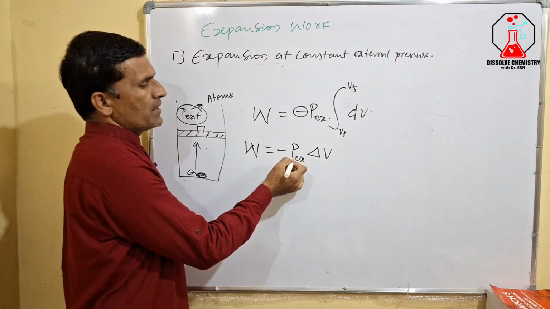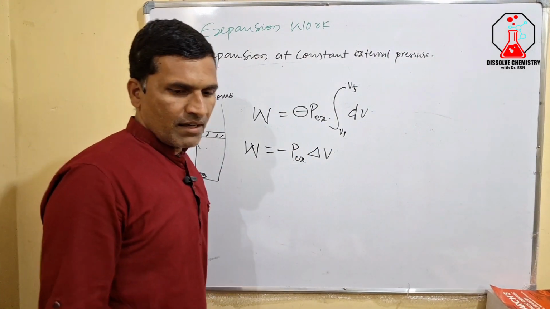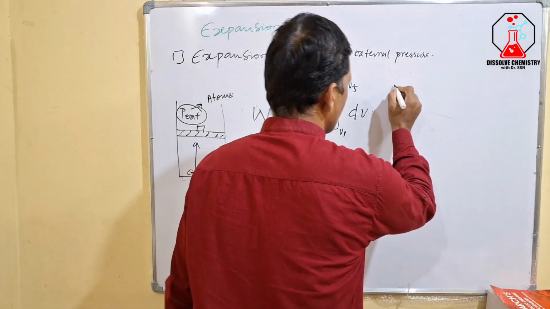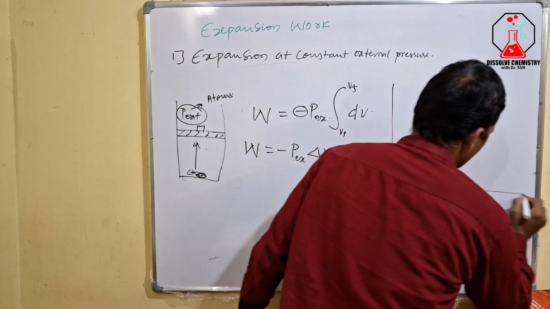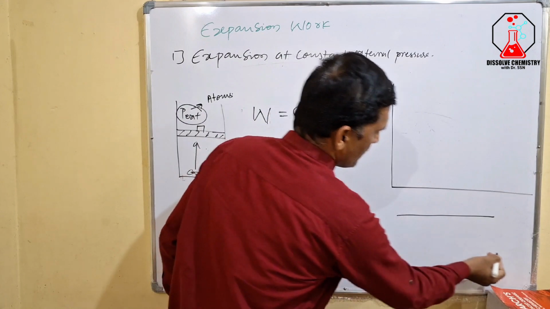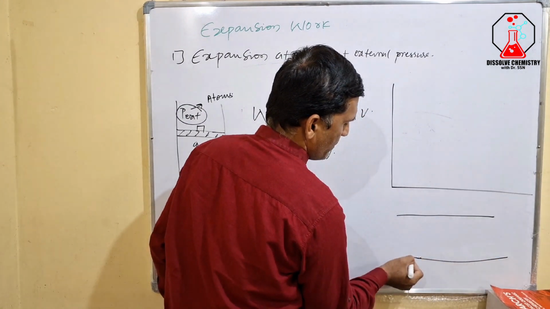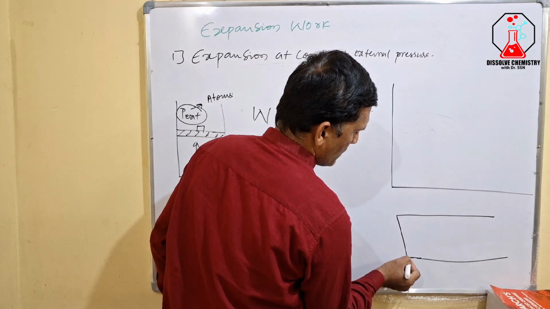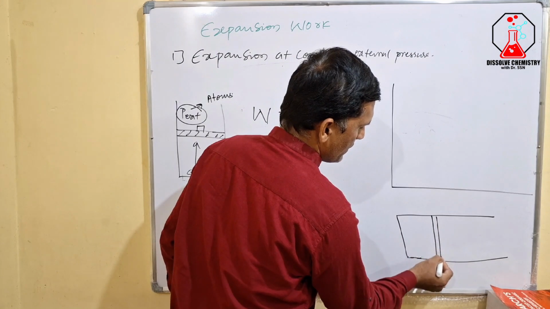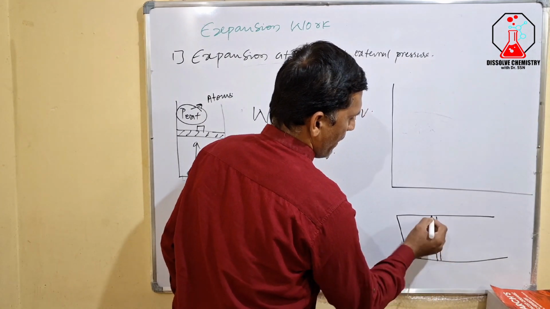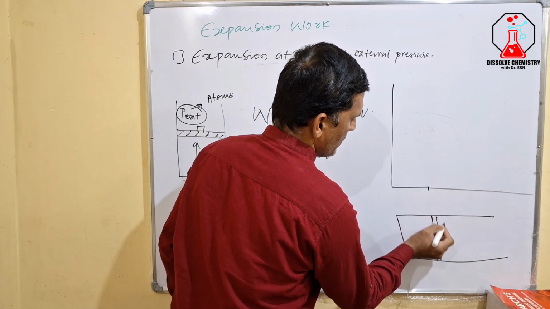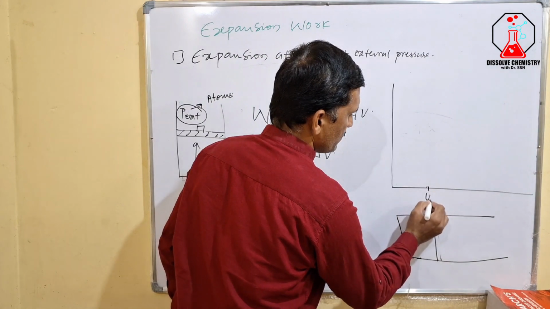So your pressure is constant, and graphically we can represent the work done at constant pressure like this. Now suppose you imagine a cylinder here, packed with a gas, and its initial position is here, and this is your initial volume, V initial.